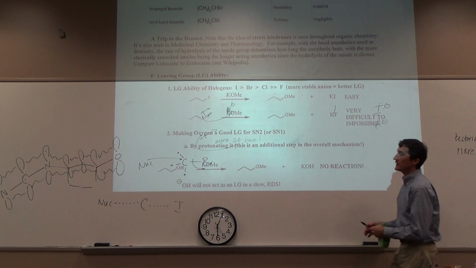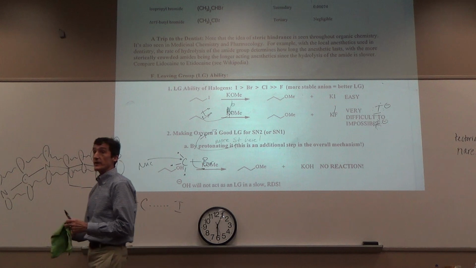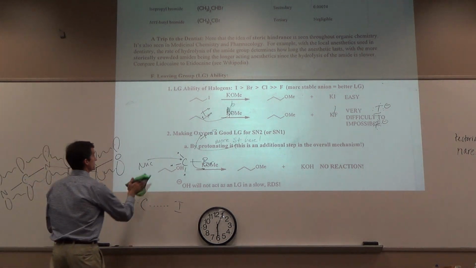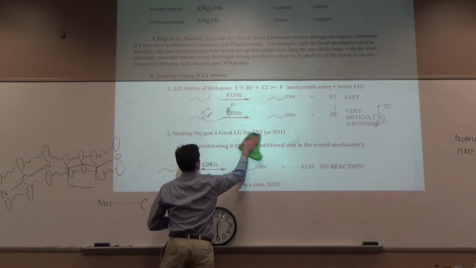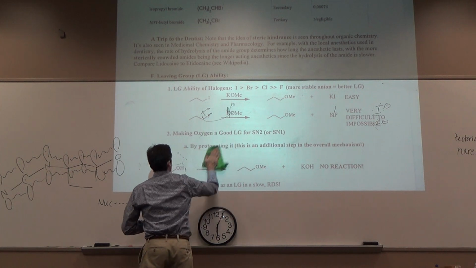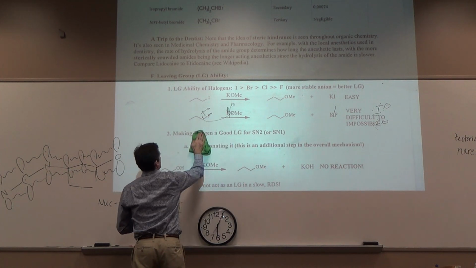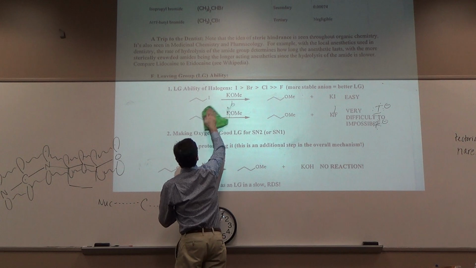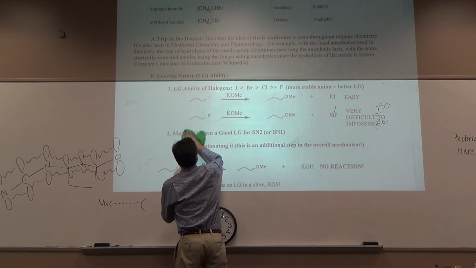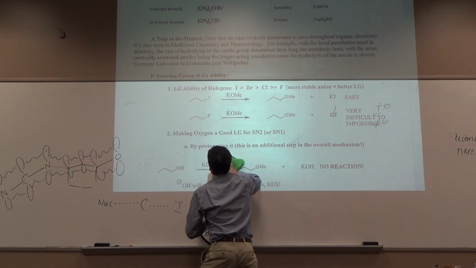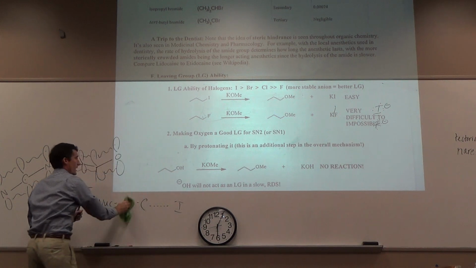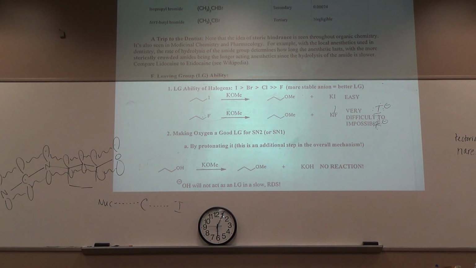Other than halogens, a variety of other atoms could be leaving groups. Let's look at a couple. What about oxygen? Oxygen by itself in the neutral state is not a good leaving group.